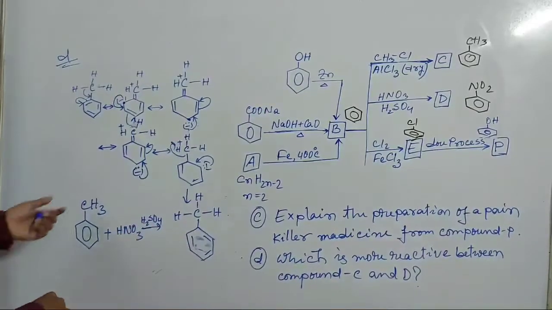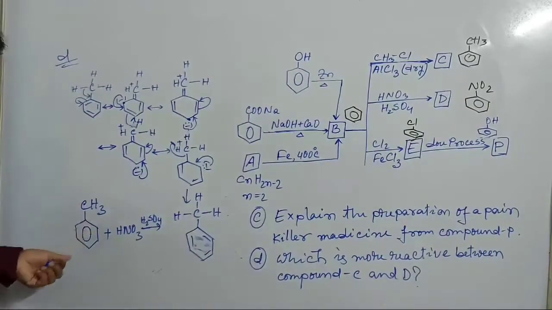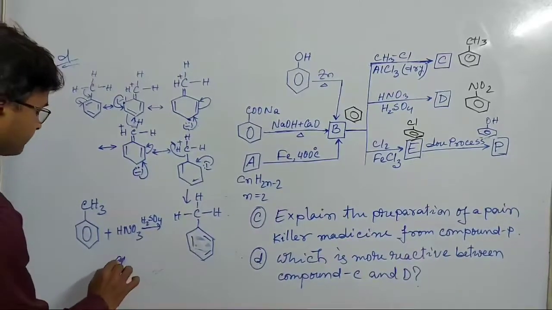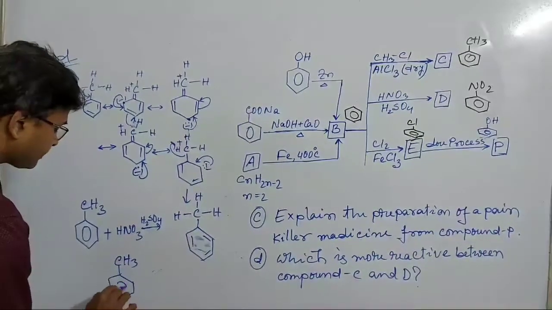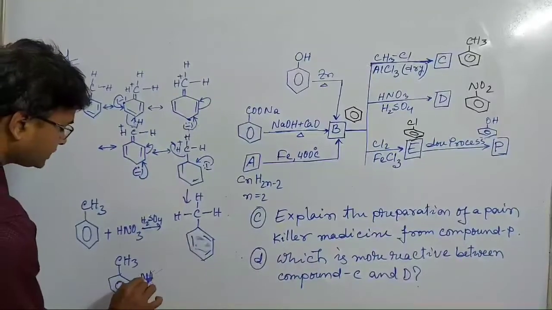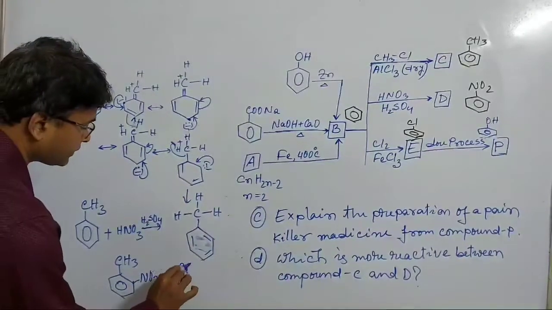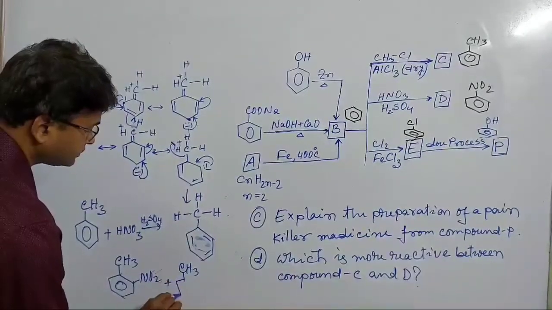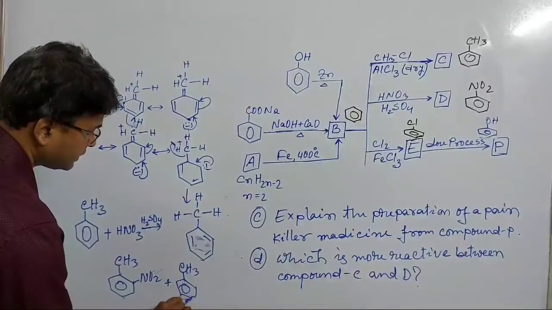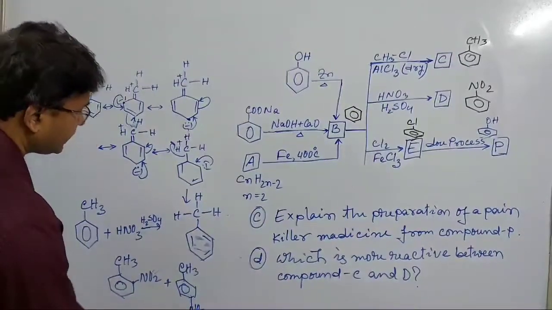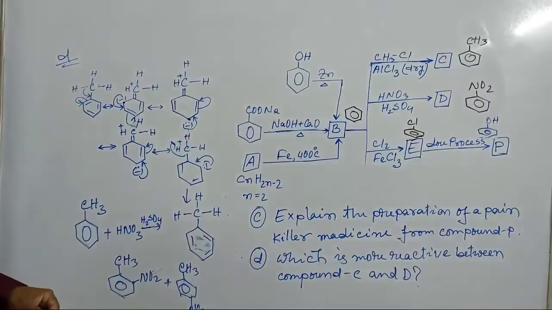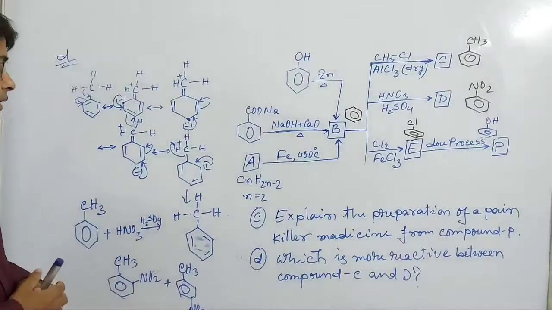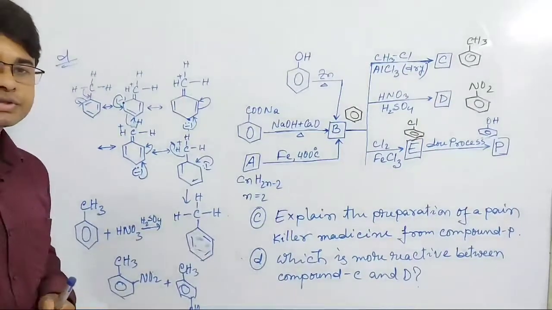As methyl group is an ortho para director, it produces orthonitrotoluene and paranitrotoluene, and due to the high density of electrons at ortho and para positions, toluene shows more reactivity in electrophilic substitution reaction.